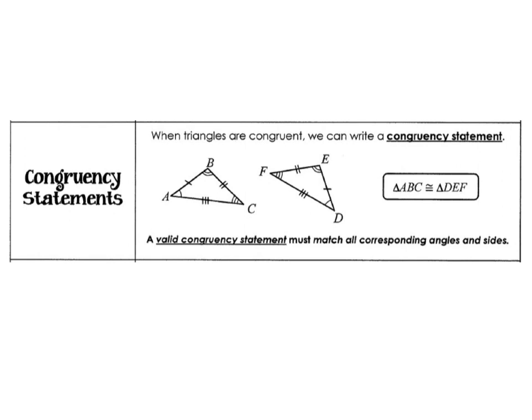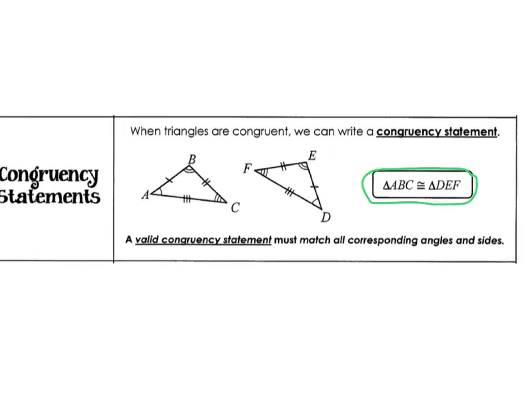All right, when triangles are congruent, we can write something called a congruency statement. So this right here would be our congruency statement. We would say that triangle ABC is congruent to triangle DEF. And a valid congruency statement must match all corresponding angles and sides. So what does this mean exactly?